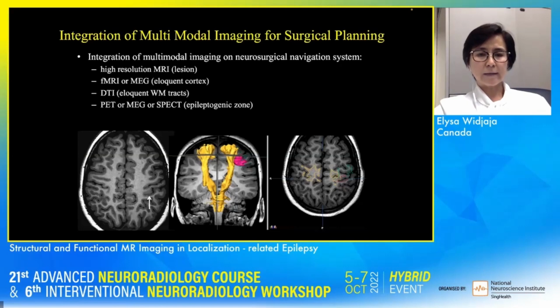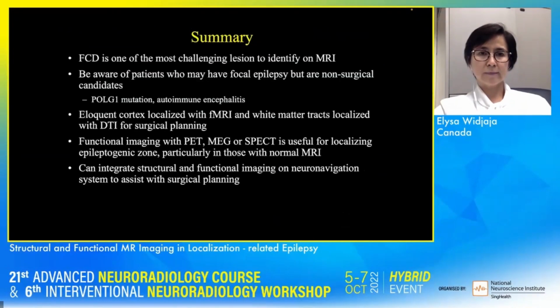By putting all the data in the same 3D space, we're able to provide the surgeon with a 3D map of the relation of the lesion relative to eloquent cortex and white matter tracts and relative to the epileptogenic zone. All this data is then used for surgical planning.